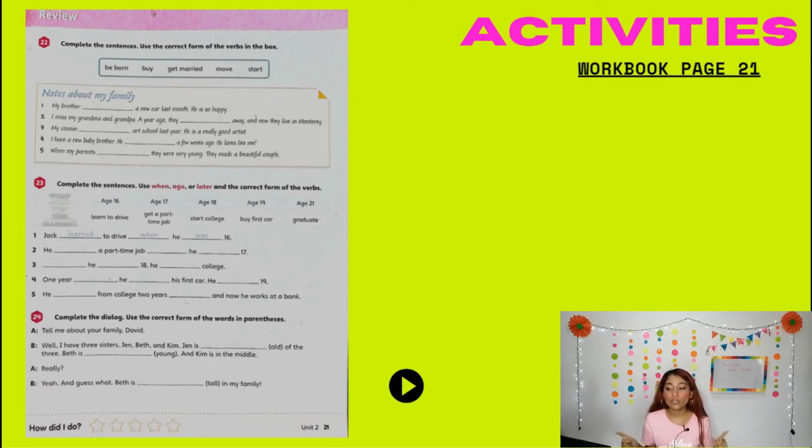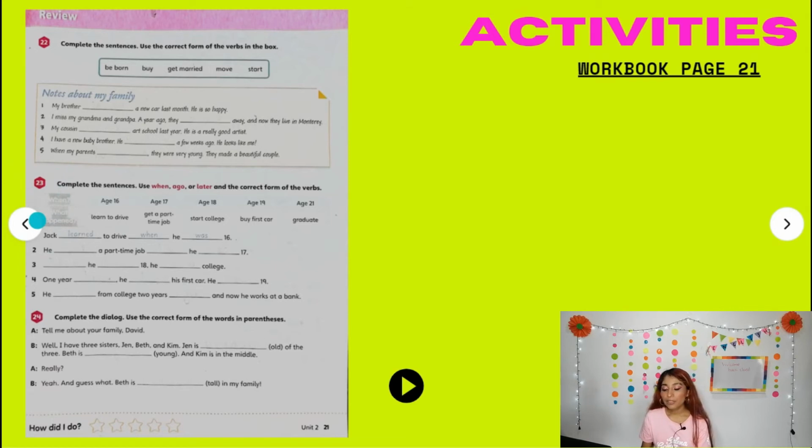You cannot use them as they are in the box. Please, we are practicing past simple, not present simple, okay? Pay attention. You need to read pretty well, paying enough attention to the sentences that they are giving you, the notes about my family. They are giving you 5, and you need to place these verbs in past simple in the correct place.